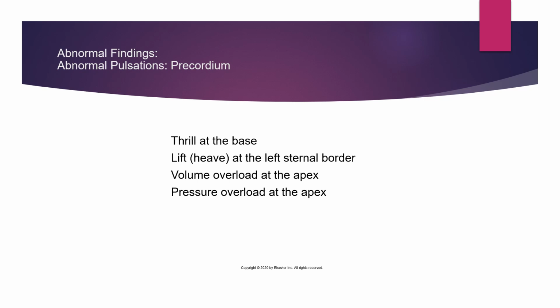It could be caused from valve disorders, pericarditis. It could be from heart failure, volume overload. So there are a lot of different complications that we can find during our assessment, which is why our assessment is so important, and learning how to find the normal and the abnormal.